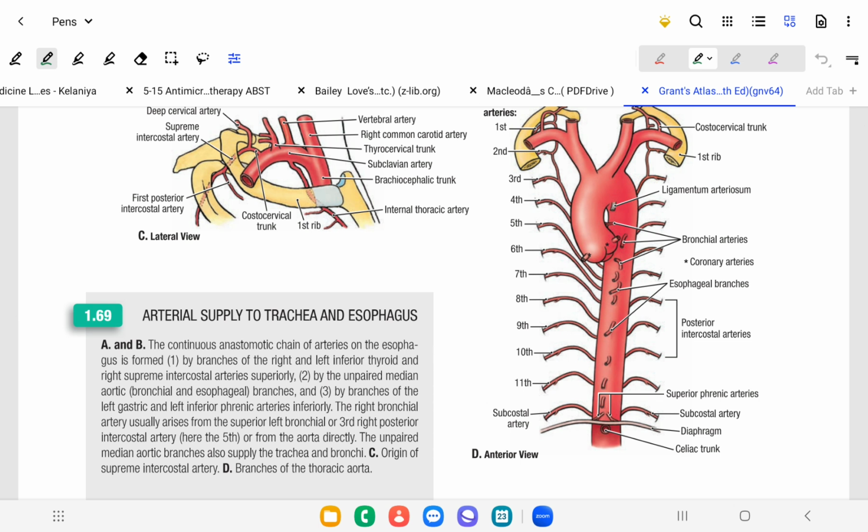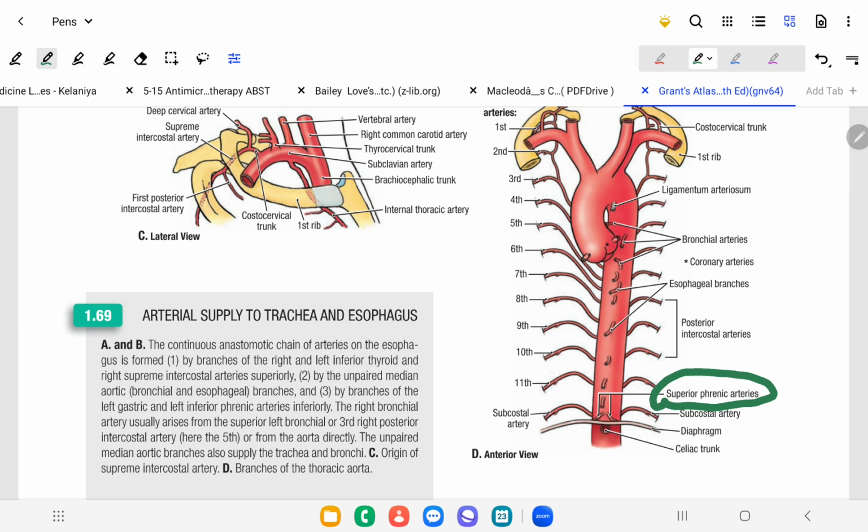When we talk about the blood supply to the diaphragm, superior phrenic arteries, which arise as the last branch of the thoracic aorta, give arterial supply to the posterior part of the superior surface of the diaphragm.